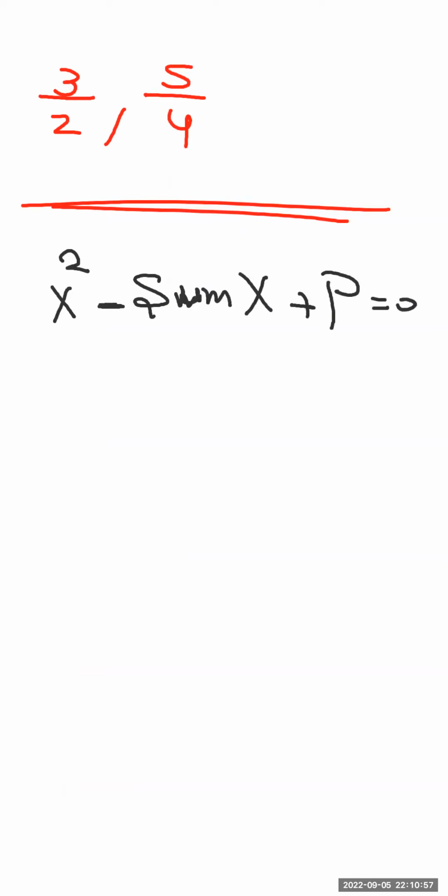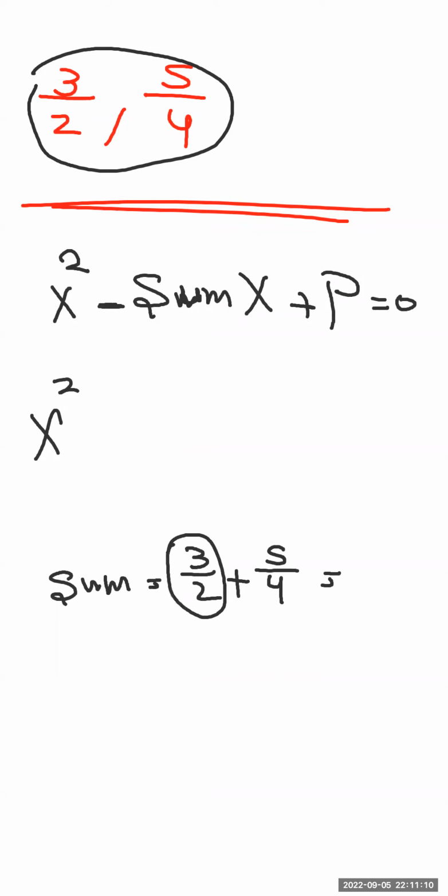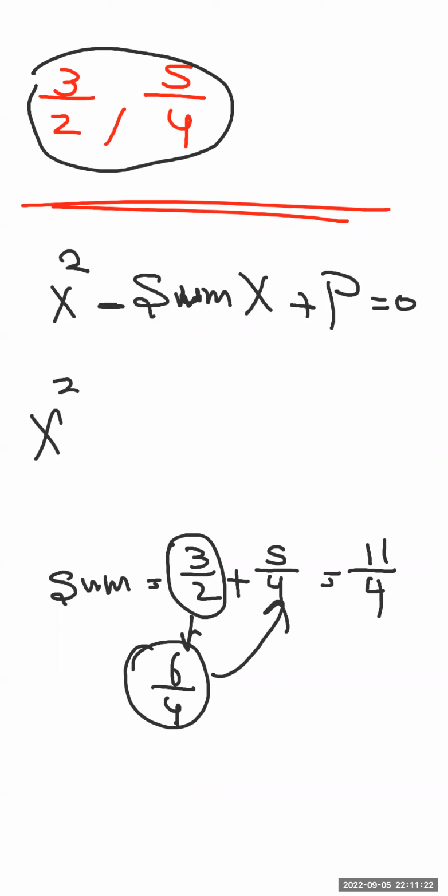So x squared, first the sum equals 3 over 2 plus 5 over 4, which means 3 over 2 is 6 over 4. 6 plus 5, 11 over 4. Because this one is 6 over 4, of course. So plus this one equals 11 over 4. So minus 11 over 4.